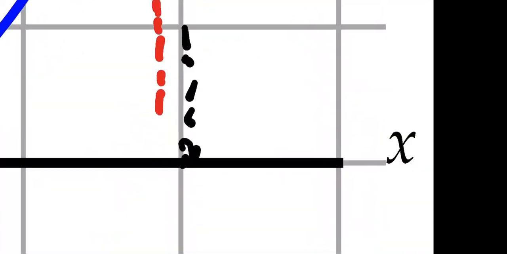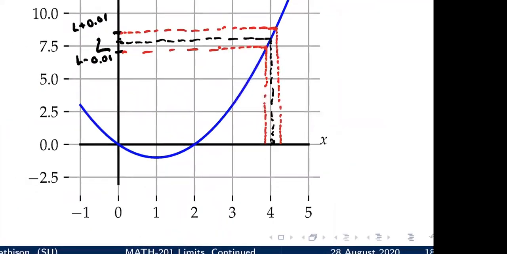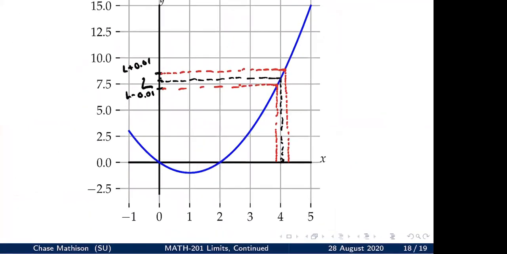If I drop this down to the x-axis, and x is no more than this guy, then we're going to stay between those two red bars there on this line.